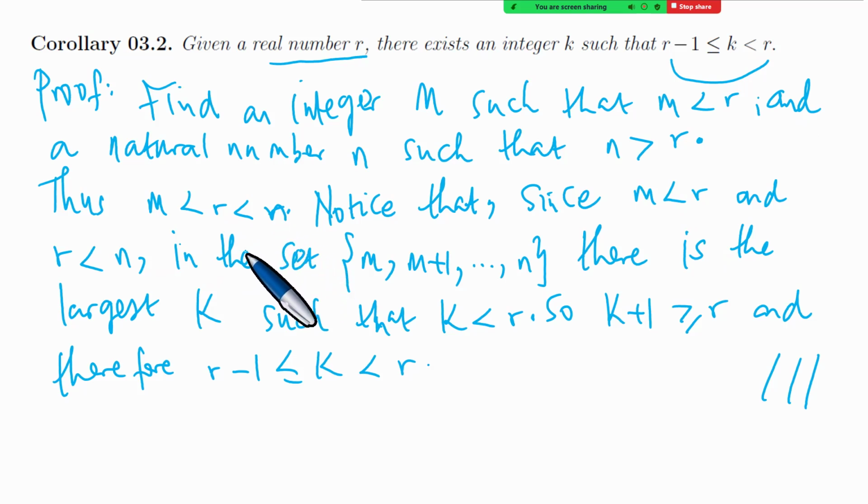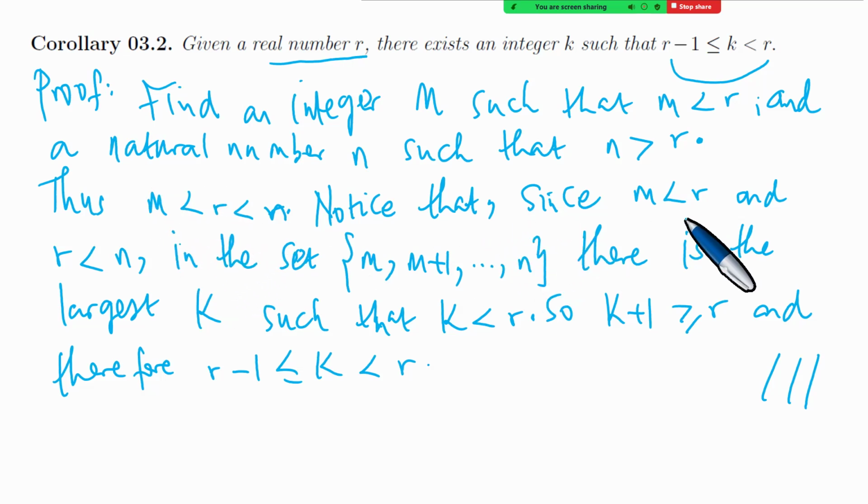So in other words, we want to find two numbers such that n is sort of an upper bound and m is sort of a lower bound here. M becomes a lower bound and n becomes an upper bound, and we just want to form this sandwich.